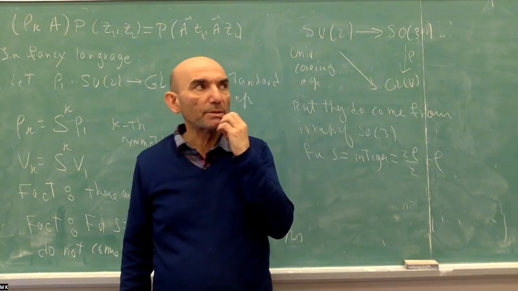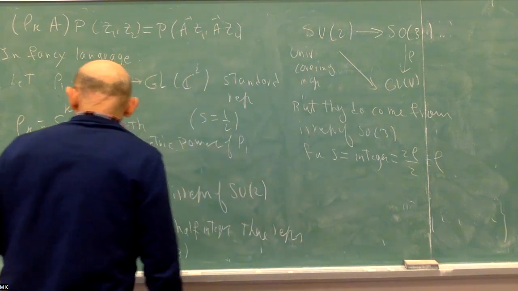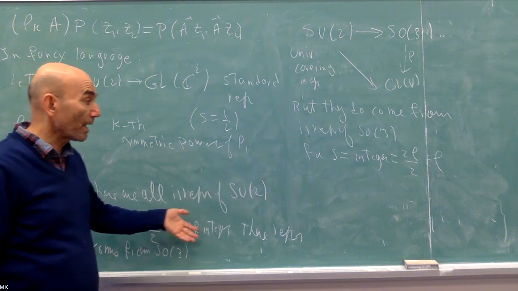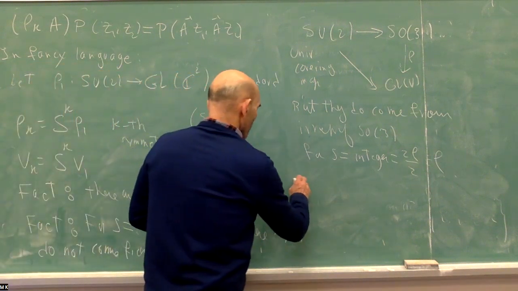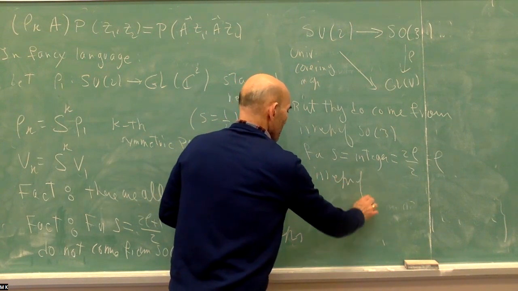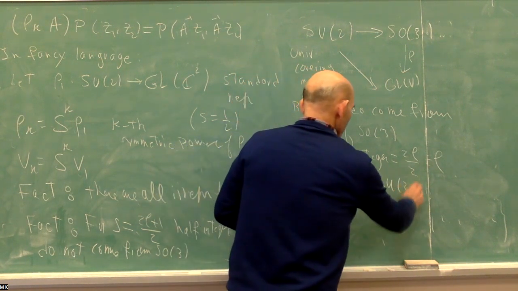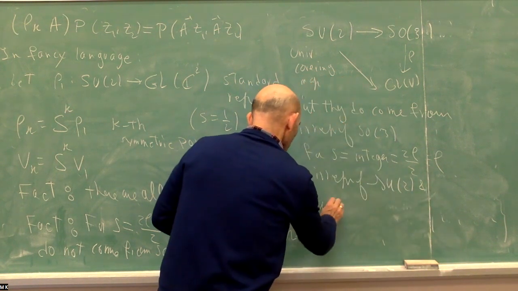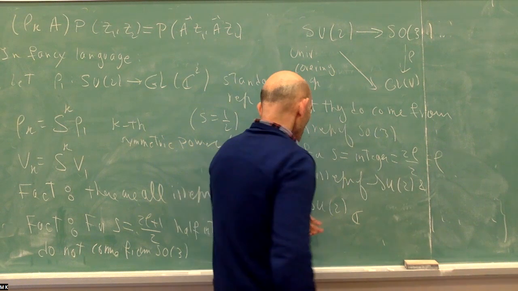Now, because this group is simply connected, from here you get irreps of the Lie algebra su2 and su2C. How?